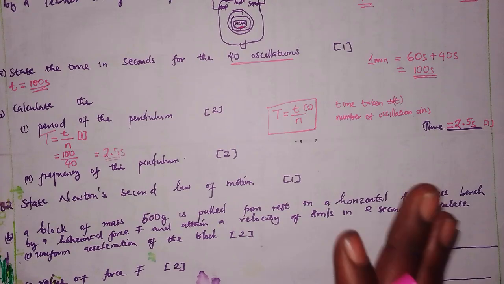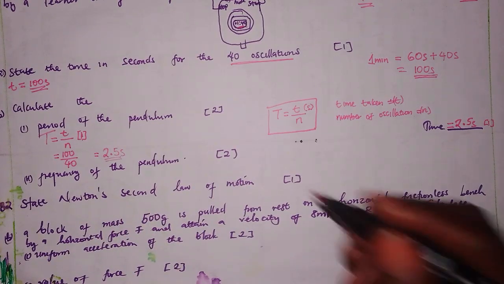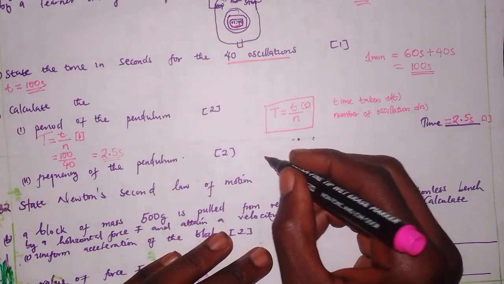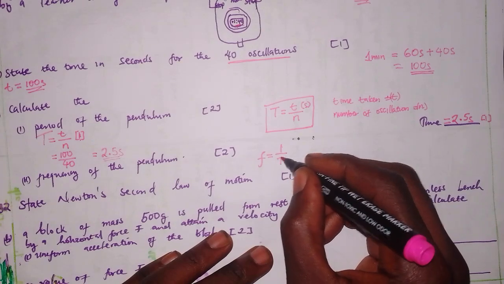So we know that frequency has two formulas when we are calculating it. If you have the period, you can use the formula: frequency is equal to 1 over period.